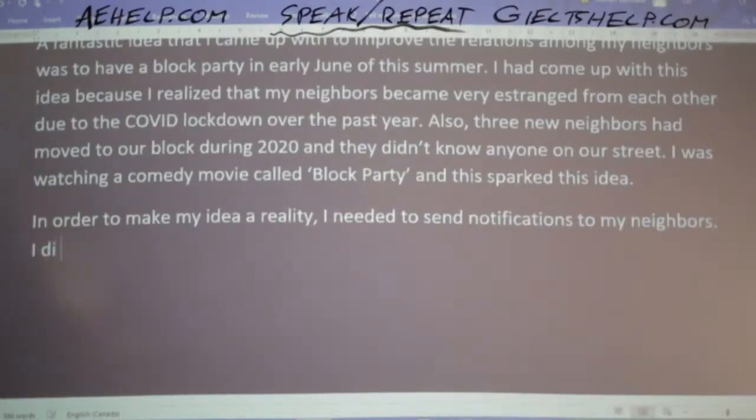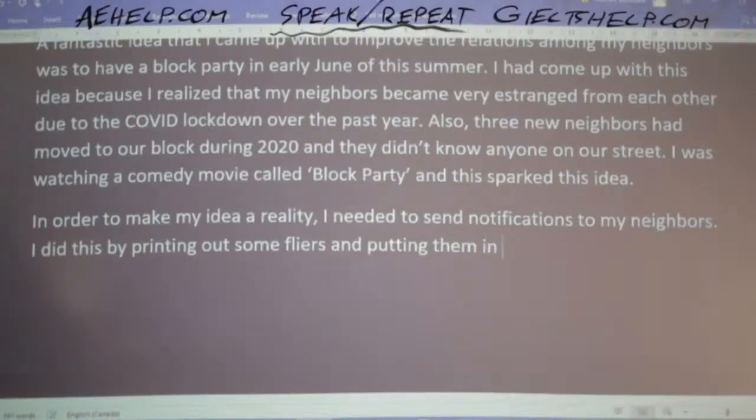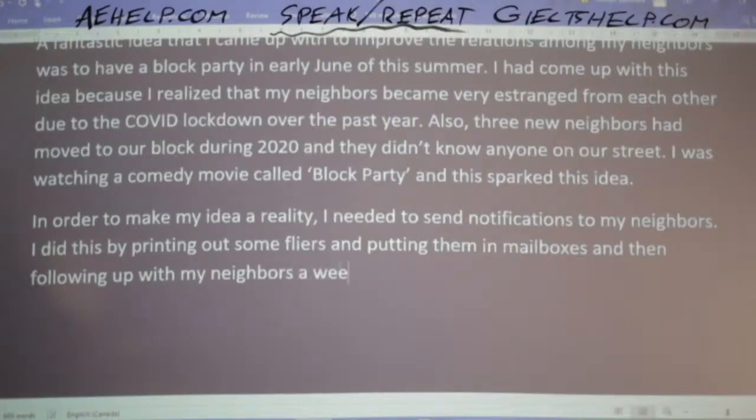I did this by printing out some flyers and putting them in mailboxes, and then following up with my neighbors a week later by knocking on some doors.